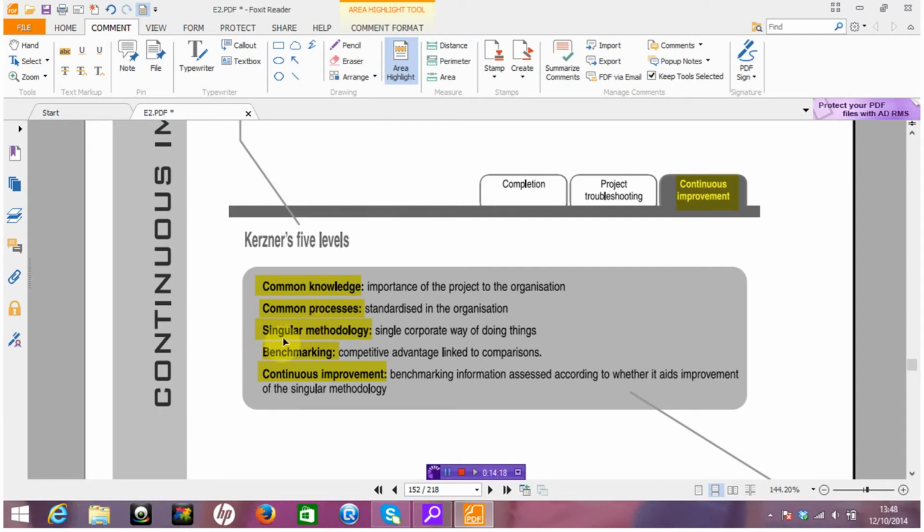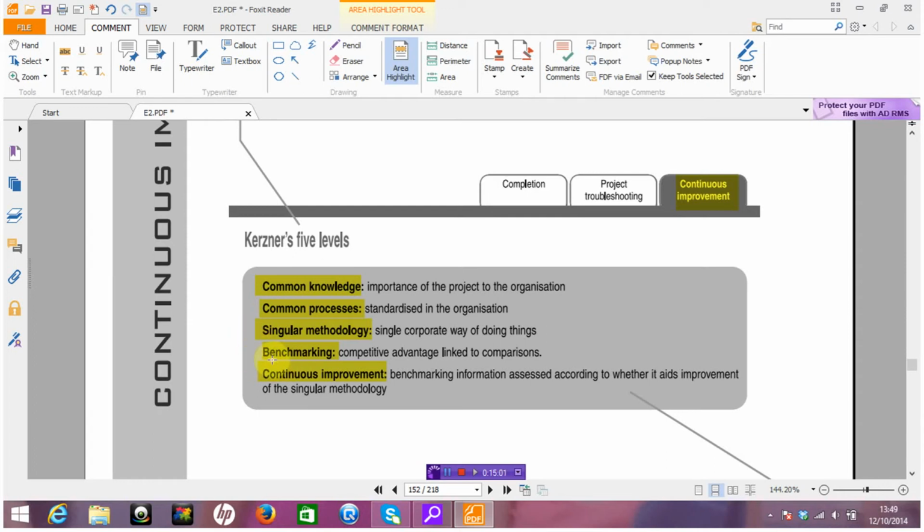In this idea of singular methodology, we're stepping up to level 3, and because of the complexity, or indeed the number of projects we're undertaking, we're embedding a single methodology within the organization in order to undertake projects effectively and efficiently. So really a step up from common or standard processes within the organization.